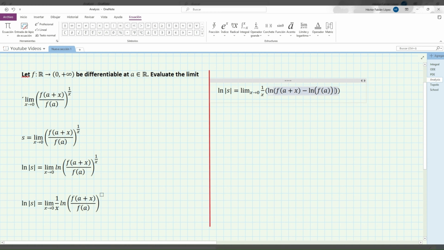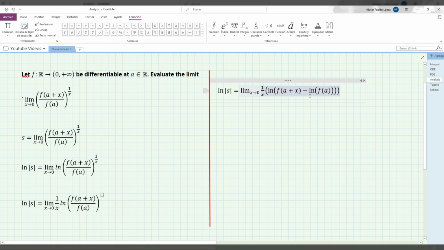Here we can do this, I'm so sorry, all these parentheses. It's because remember that when we have a fraction inside a natural logarithm, we can divide it into the natural logarithm of the numerator minus the natural logarithm of the denominator.